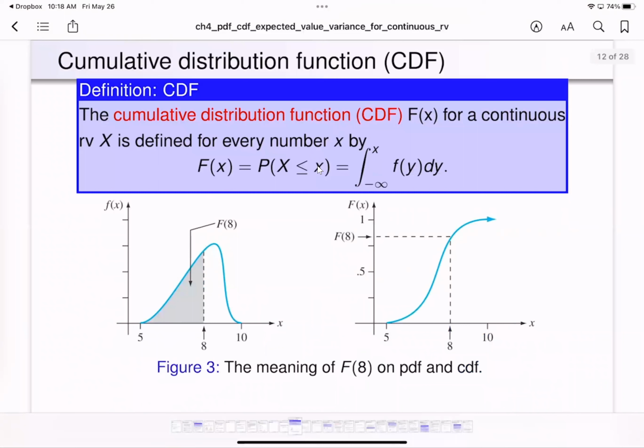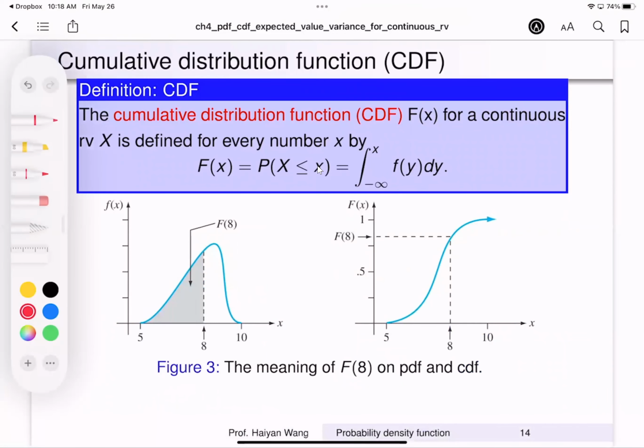The next concept we will learn is the CDF, the cumulative distribution function. It is the probability of a random variable taking values up to a given x, where the little x is a given value.